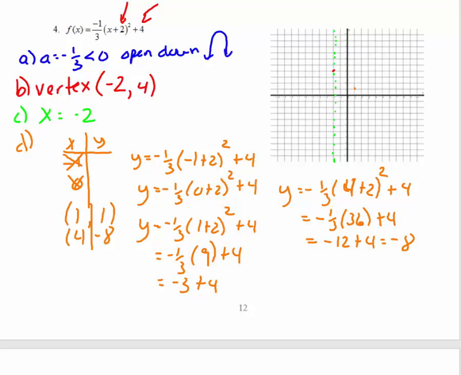So another nice point that I could plot is (4, -8). I'm 6 units over, so I need to go 6 units to the other side. I was 3 units on that one, so 3 units to the other side. So now I can see that my graph of my parabola is pretty wide.